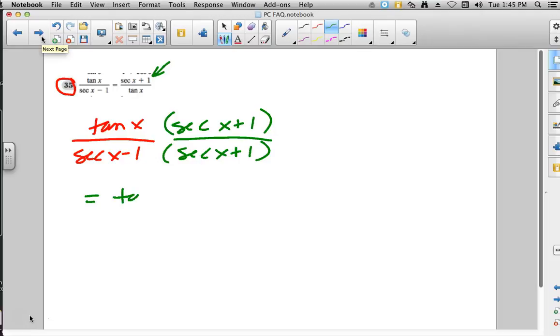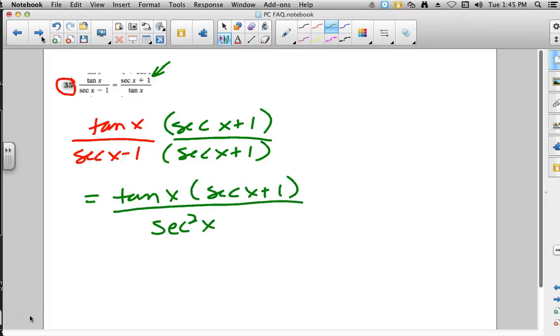And in the numerator, we'll have the tangent of x times the secant of x plus 1 over secant squared x minus 1. Now, I need a tangent in my denominator, and I've got one, because that's another one of our Pythagorean identities down there. We've got secant squared x minus 1, and we know that equals tangent squared x.